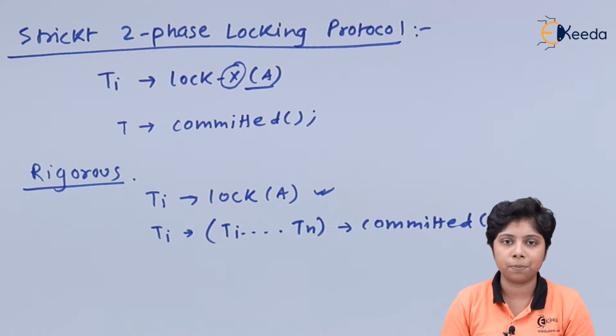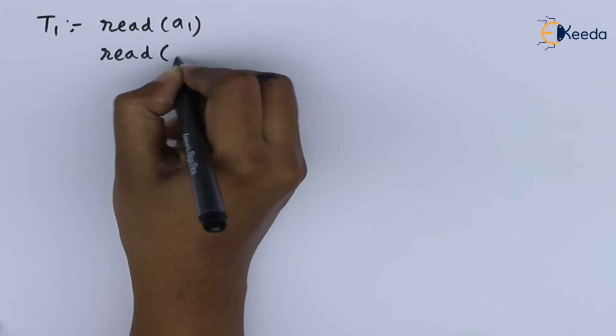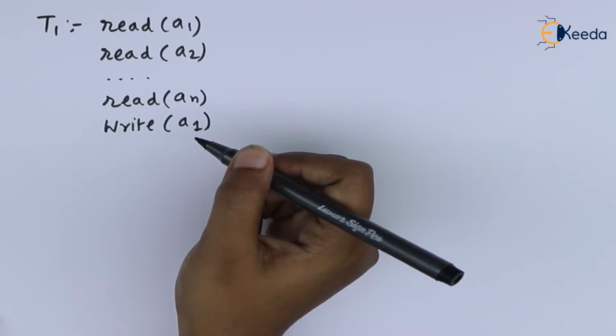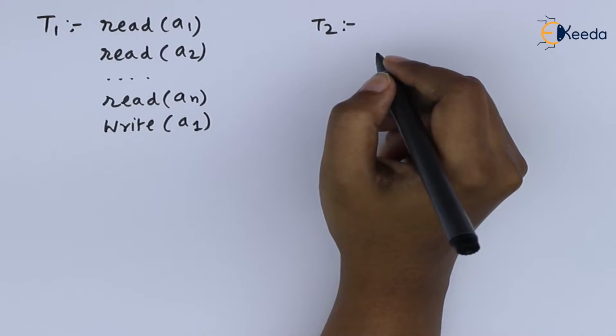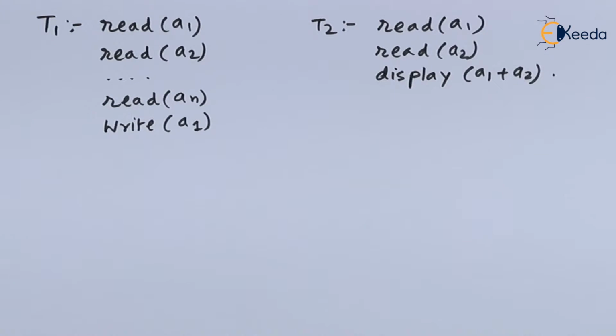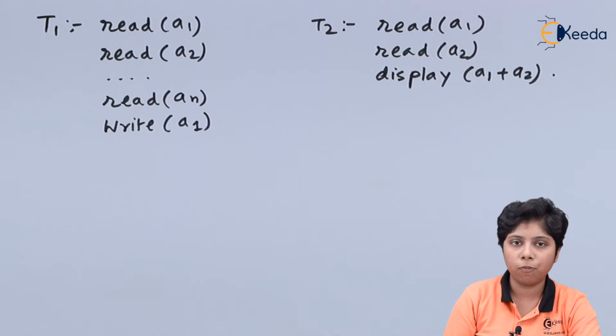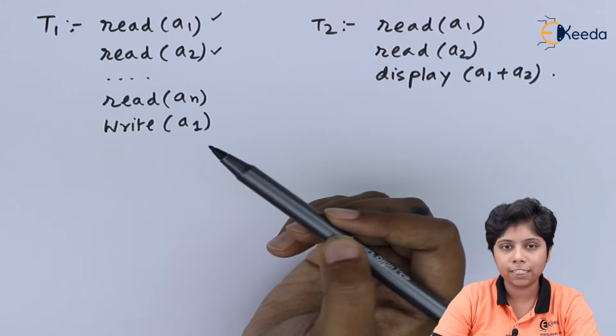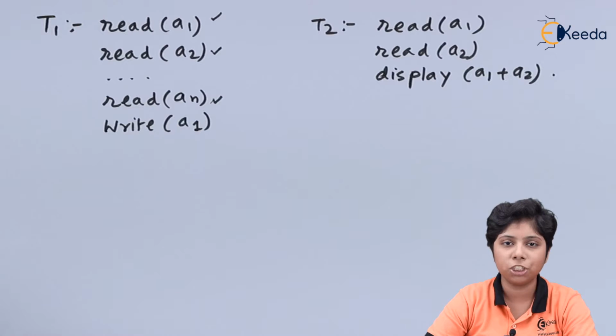Now let us look at this example. Say when T1 and T2 have to be performed, first we need a shared lock on the A1 data item, next on the A2 data item the shared lock, on the AN data item the shared lock.